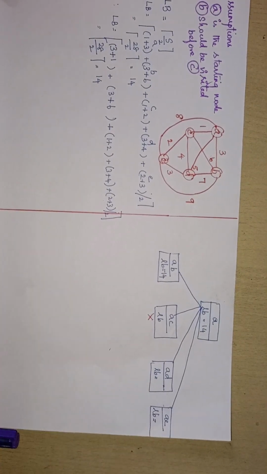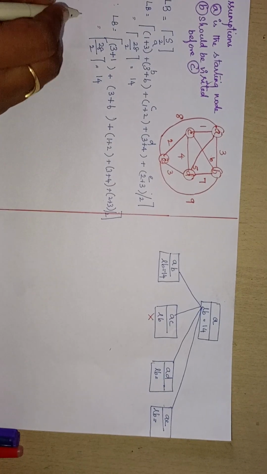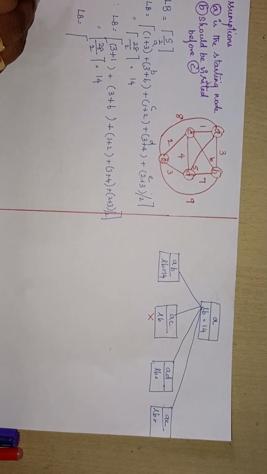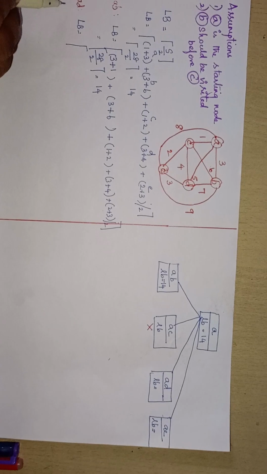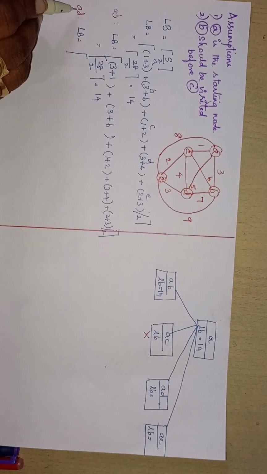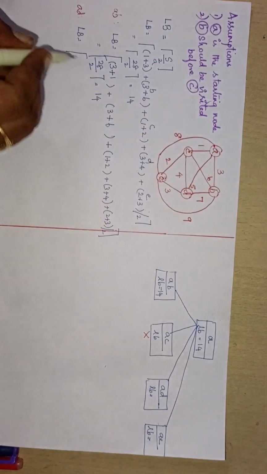Coming to AD. Now we need to find for edge AD. The lower bound for AD will definitely include the edge AD, for both cities A and D. So for AD, the distance is 5.